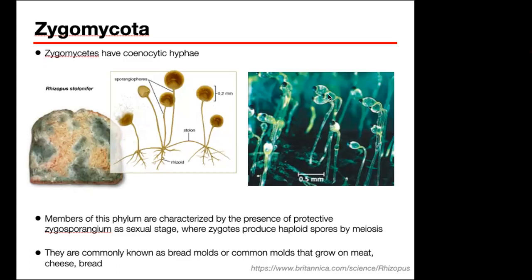So for it to propagate, what it does is it will launch its sporangia that's located within this zygosporangium in a jet of water, and it can travel to some distance. So parang isushoot niya lang doon, and then kapag natanim na yung spore in a new vegetation, it can grow to a new organism. Okay? So yung kanyang salient feature, again, as I said, yung kanyang zygospores, yung kanyang zygosporangium.